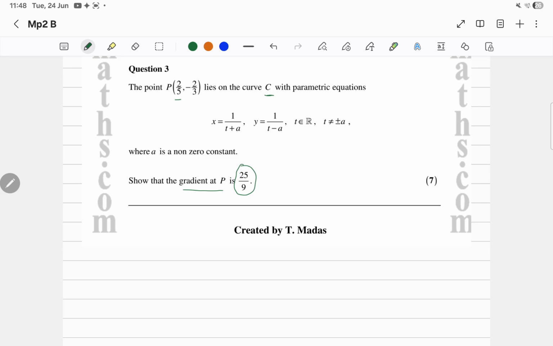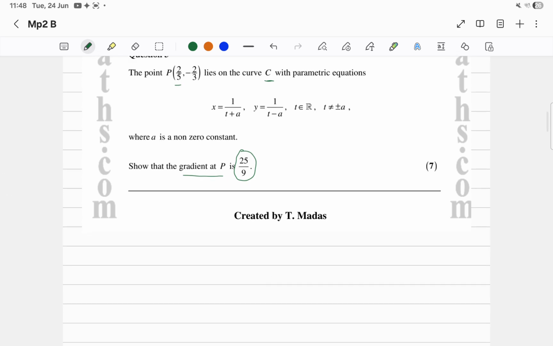Okay, first we can find the value of a and t by using this point in the parametric equations. Since P is 2 over 5, minus 2 over 3, and x is 1 over t plus a and y is 1 over t minus a.